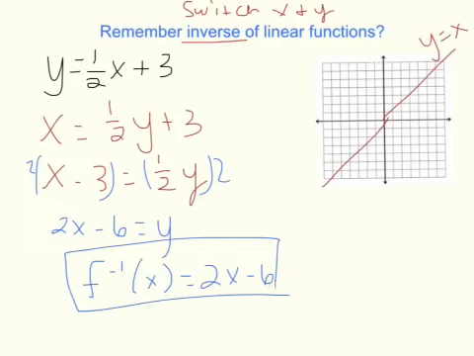And if I graph the original on here, I should be able to see that they're inverses, that they reflect over this parent linear function. So there's the original. Here's the inverse.